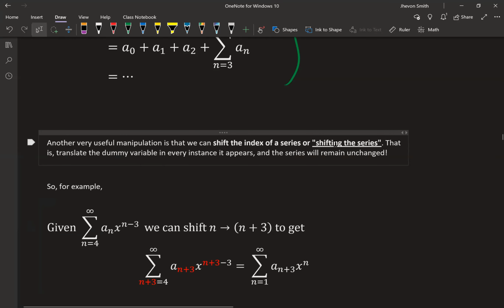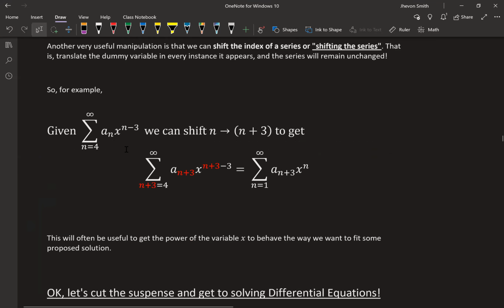Another useful manipulation is shifting the series. For example, given any series, I can make a shift at will by adding or subtracting something to the variable. So if I see something like this, and I see an n minus 3 in the power here, and suppose I want an n in the power, I can shift all n's to n plus 3's. This includes the n that's on the base of the series here.